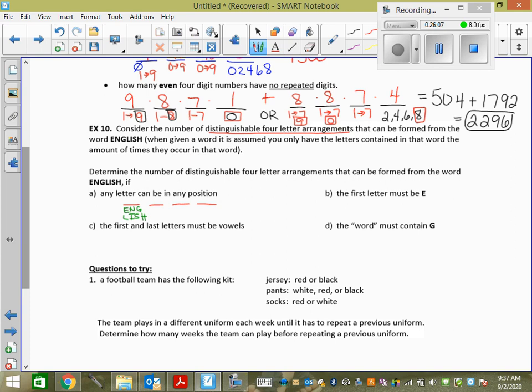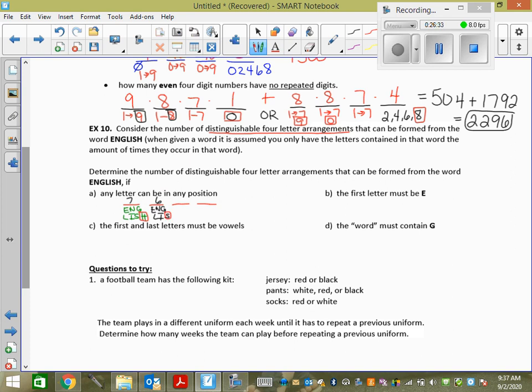So whenever you're using a word, you're boxing and holding all the time because you only have that amount of letters to use, right? So you can't repeat. So I can pretend to box and hold the H. So for the first blank, I have 7. For the next blank, I would have E-N-G-L-I-S, which would be 6, right? Then I would hold one of the letters there.